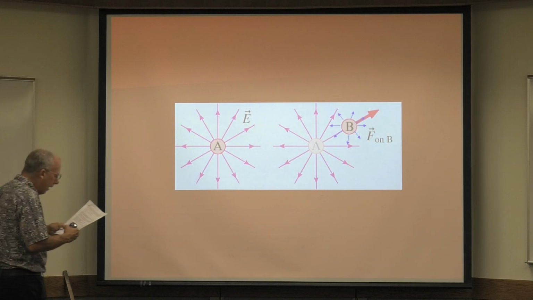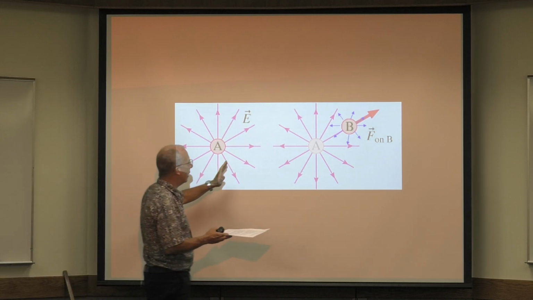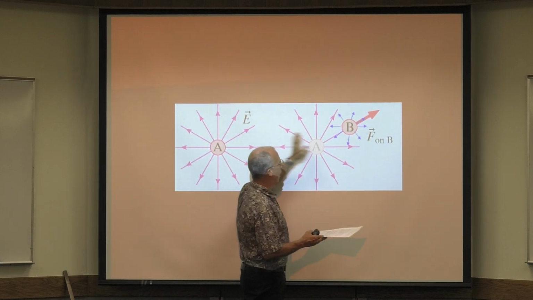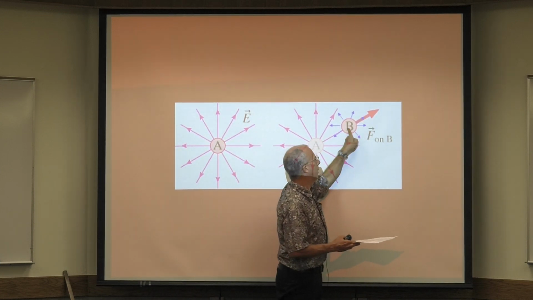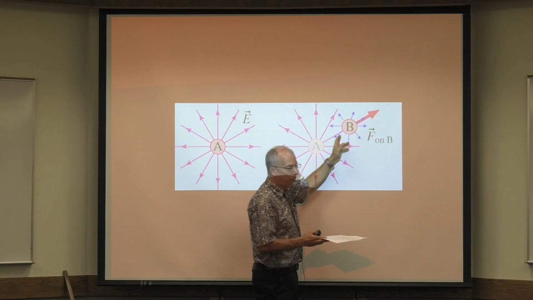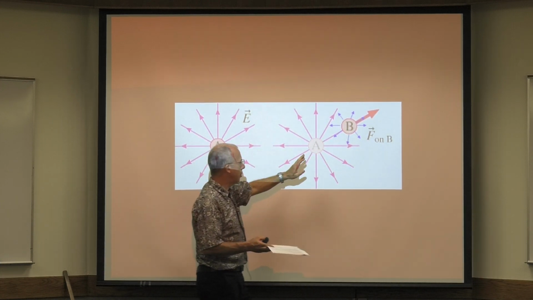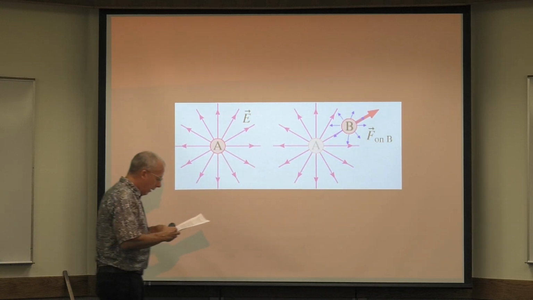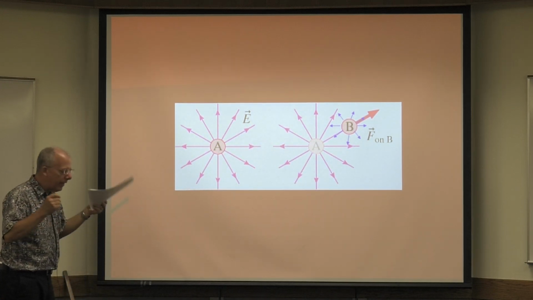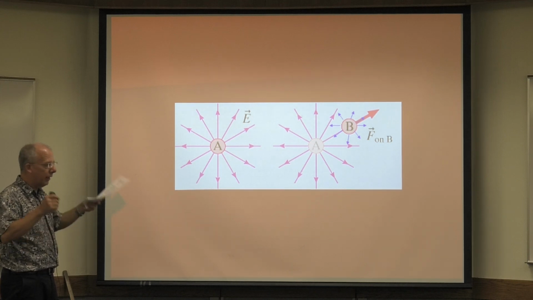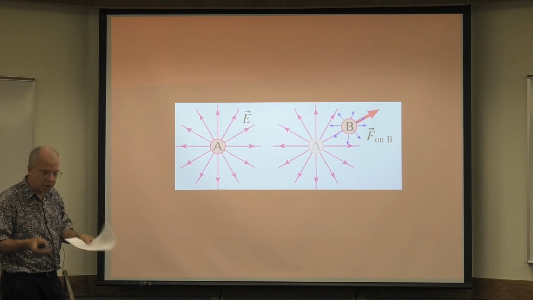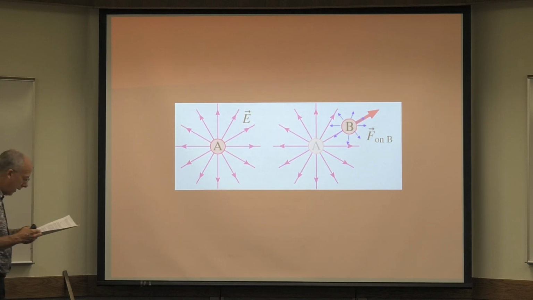How do they interact? A will exert a force on B, and that's what's shown here. Of course, B also exerts a force on A, according to Newton, but we're only showing the force that A exerts on B. So the electric fields interact, and what happens is they exert forces on each other.